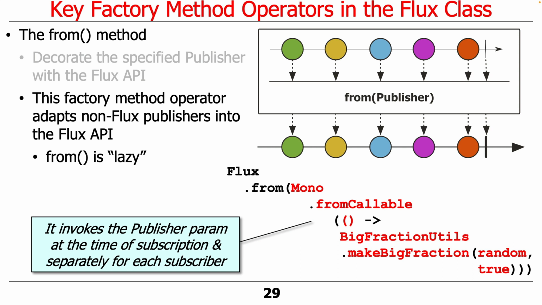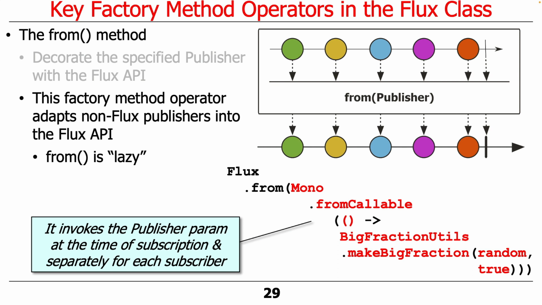And it will invoke this parameter at the time of the subscription. That is, when a subscriber subscribes to this particular factory method, that's when this Mono.fromCallable blah blah gets called. Not at assembly time, it's at runtime when it actually runs.